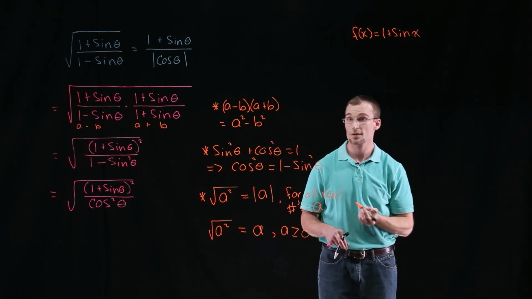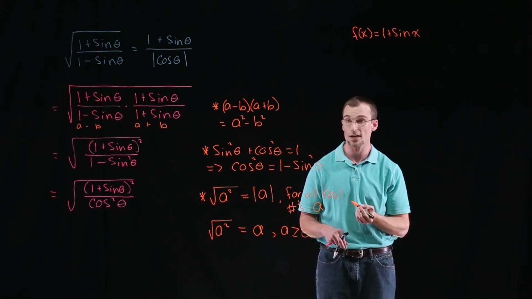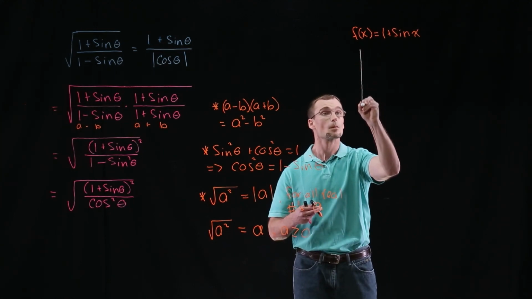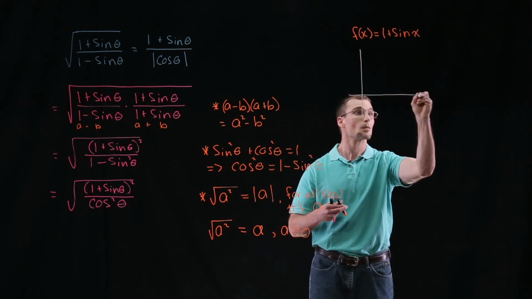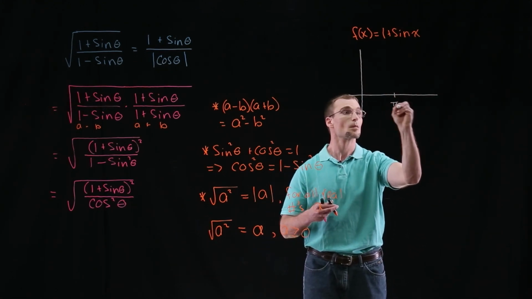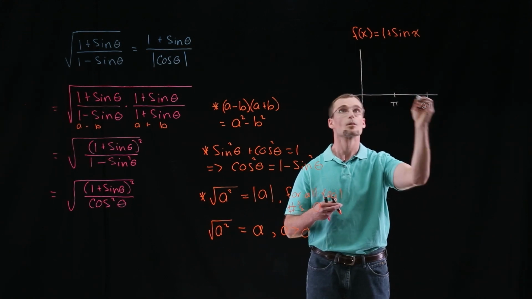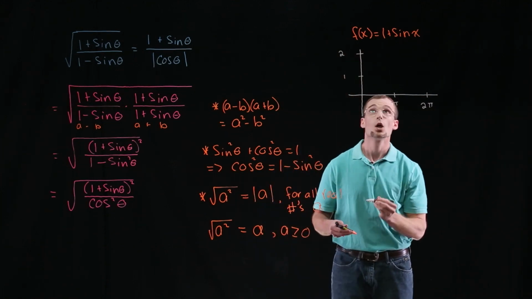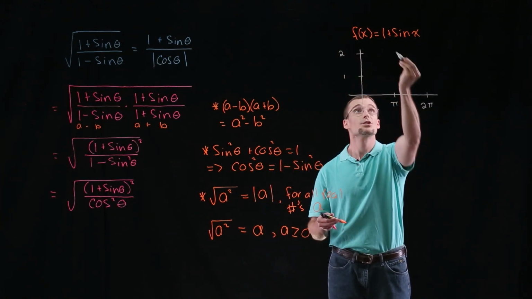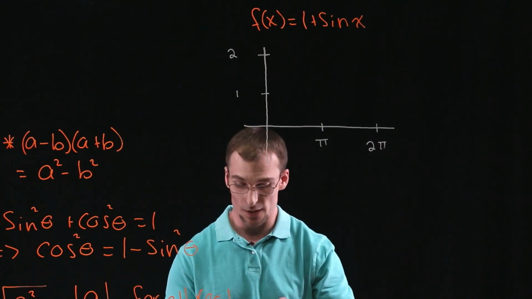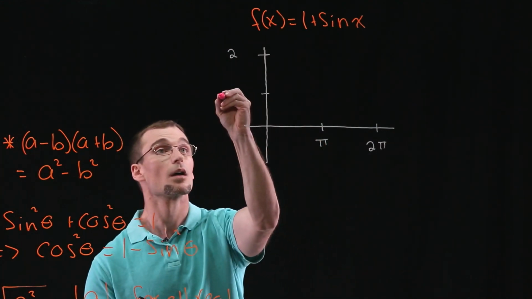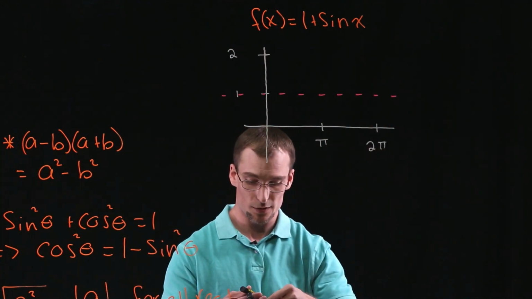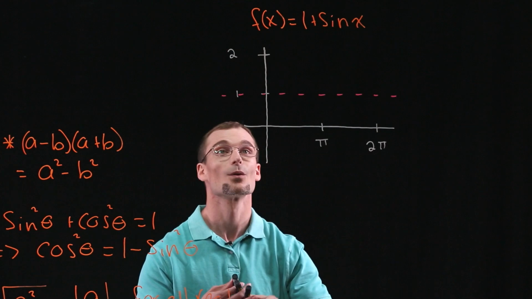think of it as a function, f of x equals 1 plus sine of x, and we look at the graph of that. We know that the graph of 1 plus sine x is just the graph of sine x shifted up 1 unit.